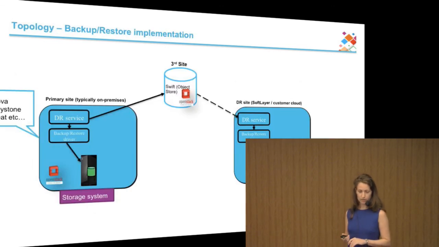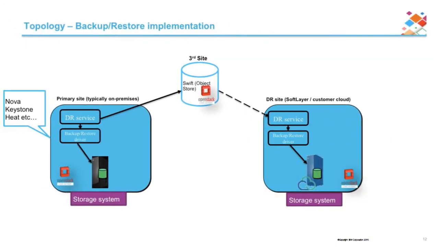Okay, so our backup and restore approach was already introduced and presented in a live demo at the Paris summit, so I'll go over it briefly. Our primary cloud now also runs the disaster recovery service, and what we do is select the workload we want to protect, and attach the resources in the workload to the policy.